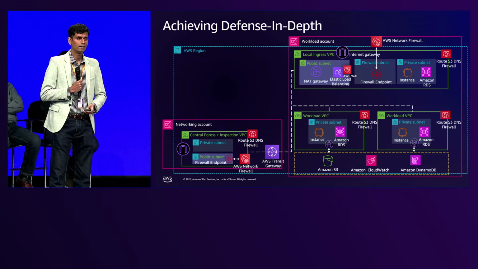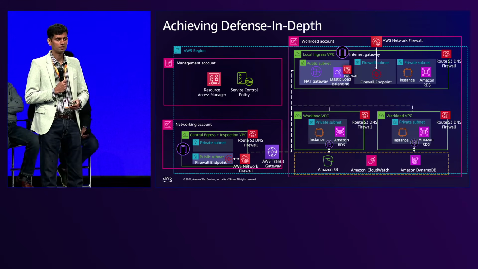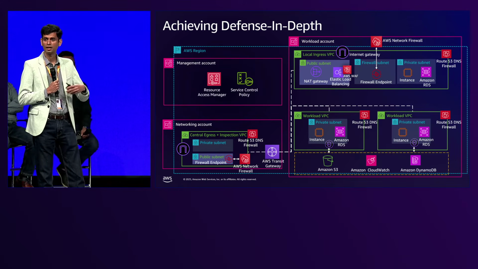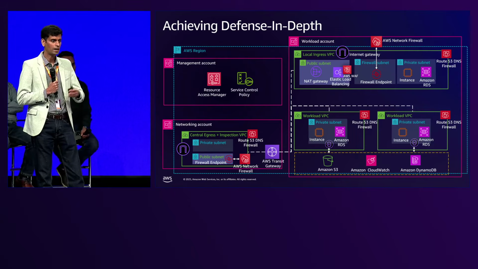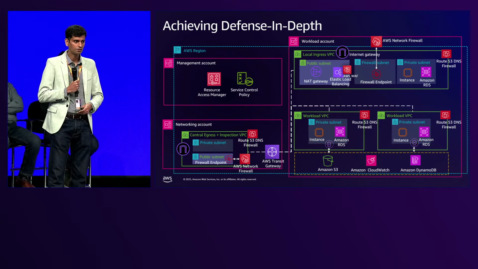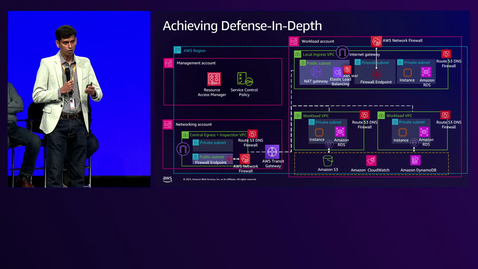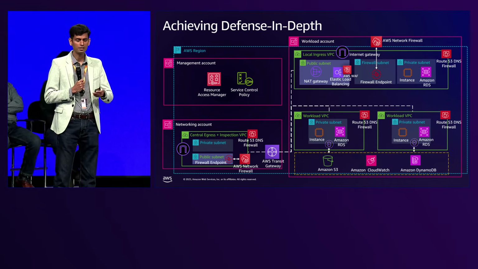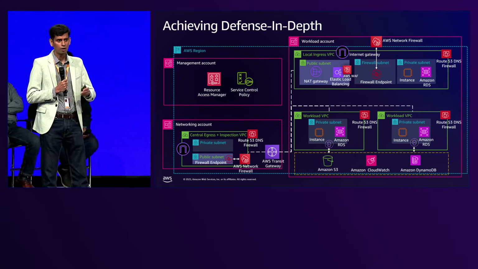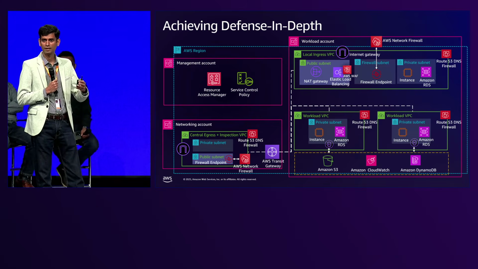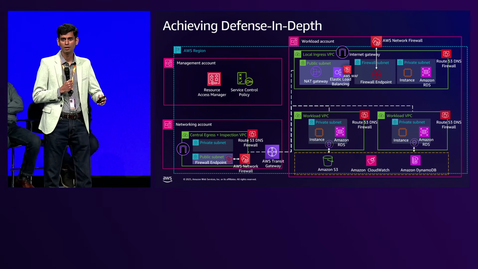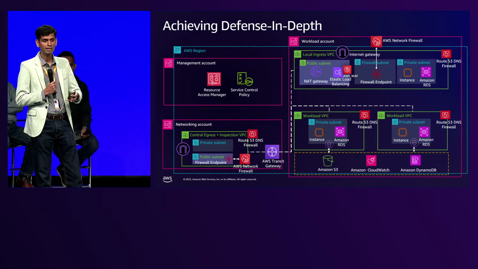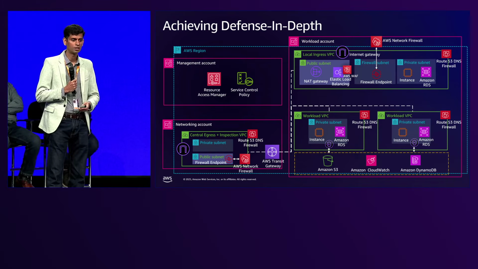The way you do that is by using AWS Resource Access Manager, which allows you to share resources across accounts and have an ability to interconnect all these networks. In your management account, you can also create service control policy, which allows you to control access to all these network security controls and provide that only to your trusted network security admins and not give access to your application teams so that they don't inadvertently circumvent any organizational security requirements.